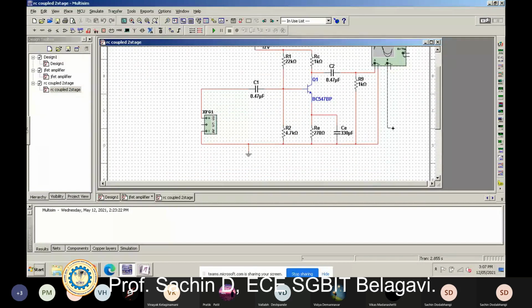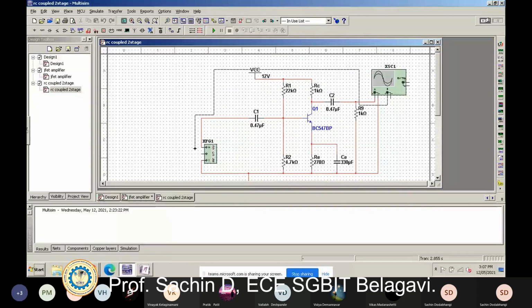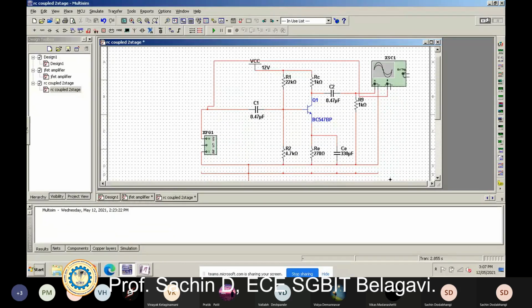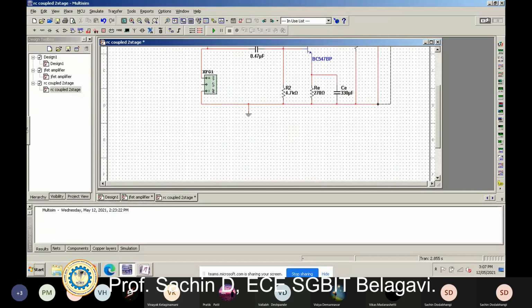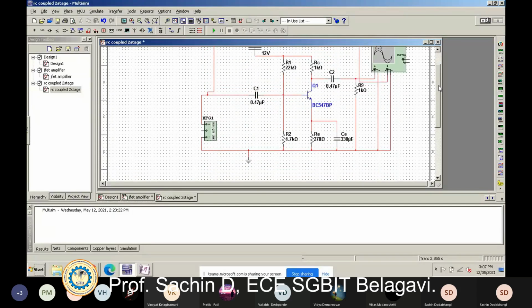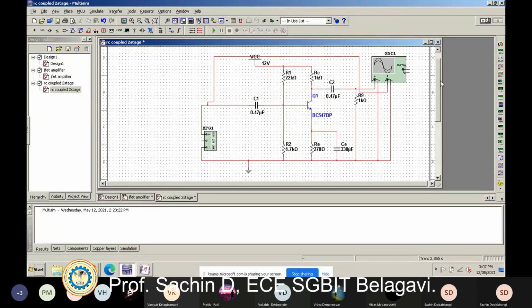So channel B, I'm connecting this channel B to input here. Negative is connected to ground. Okay, you can see this is my CE amplifier, with RE included.